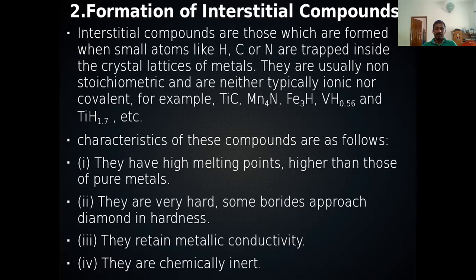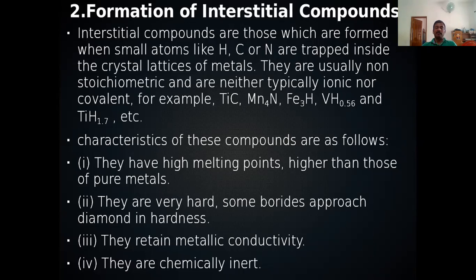And what are the characteristics of these interstitial compounds? They have high melting point, comparatively higher than those of pure metals. And the second one, they are very hard. Some borides approach diamond in hardness, a high increase in hardness.